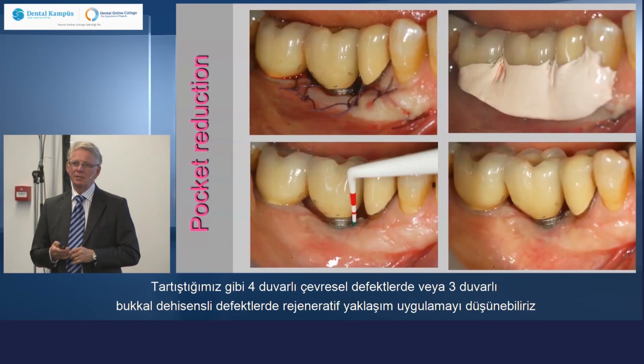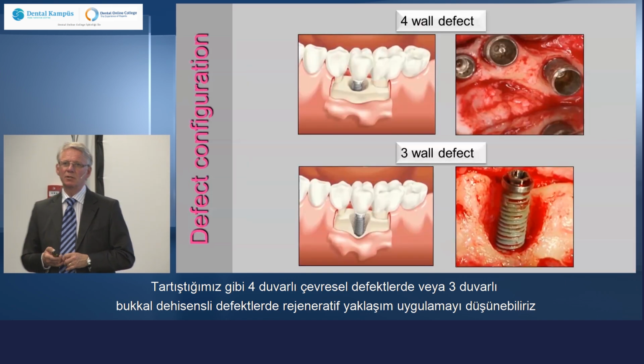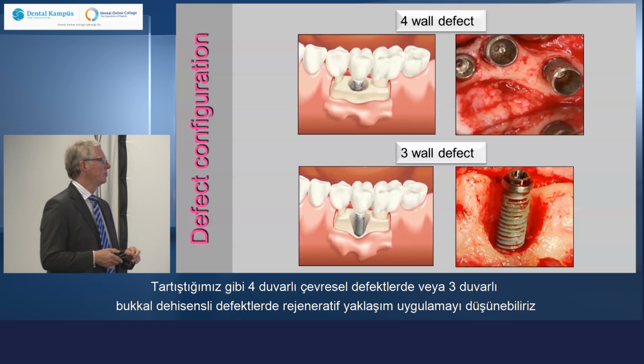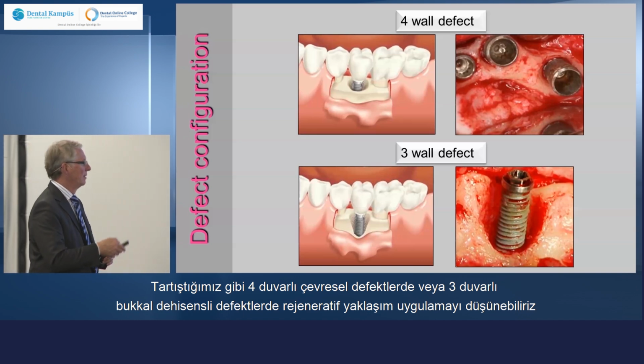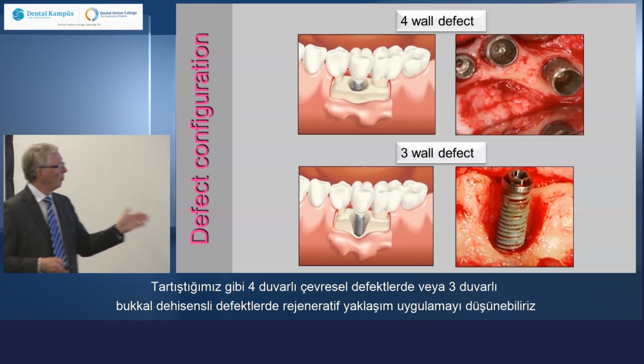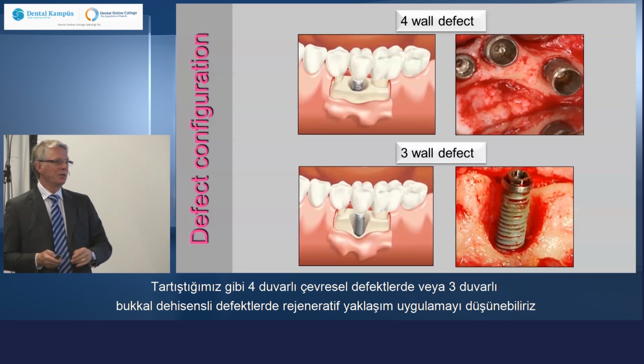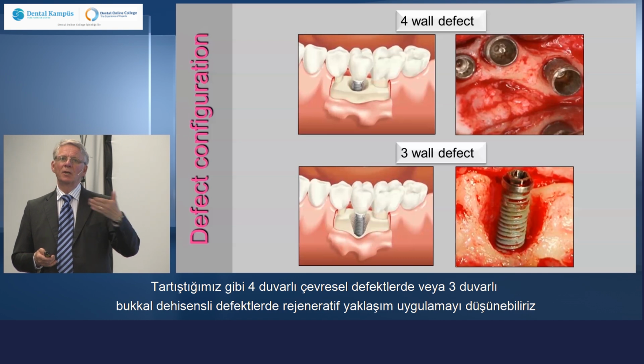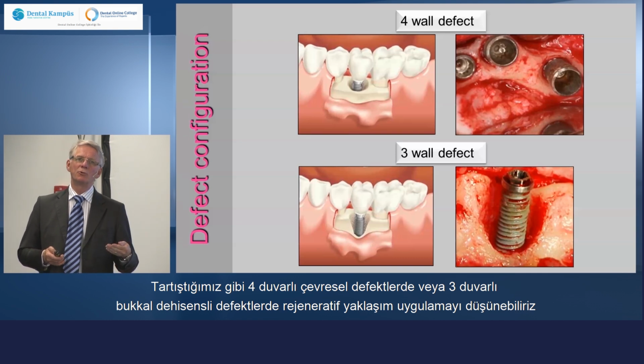In these types of defects, as we discussed, where you have 4-wall defects or what we call a 3-wall defect, the circumferential one, or the 3-wall with the buccal dehiscence, we can consider doing some kind of regenerative approach.